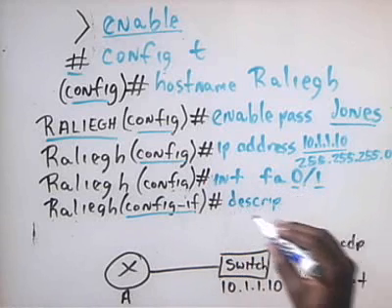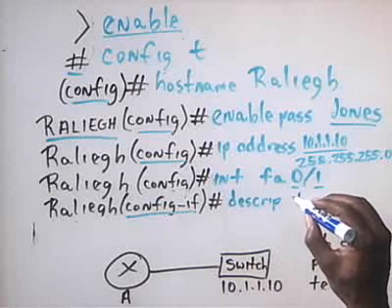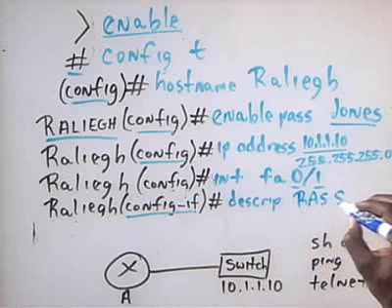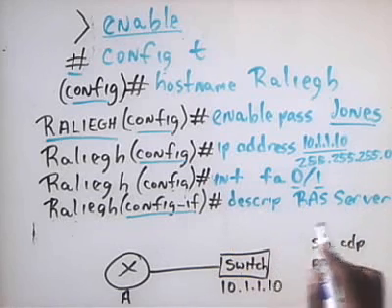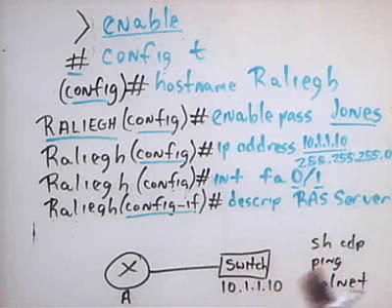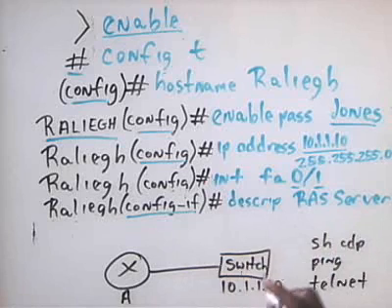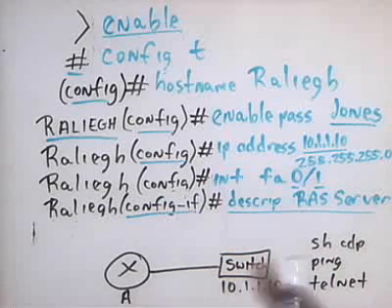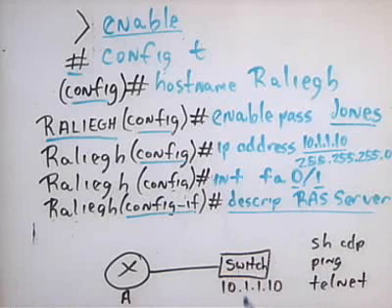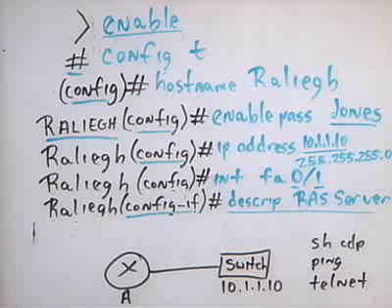And we'll say description RAS server. This description has no actual influence on the way frames are being forwarded. However, it's useful to have these descriptions on different ports and interfaces on the switch and the router just for user comfort, to assist you in troubleshooting and to go back in your diagramming.